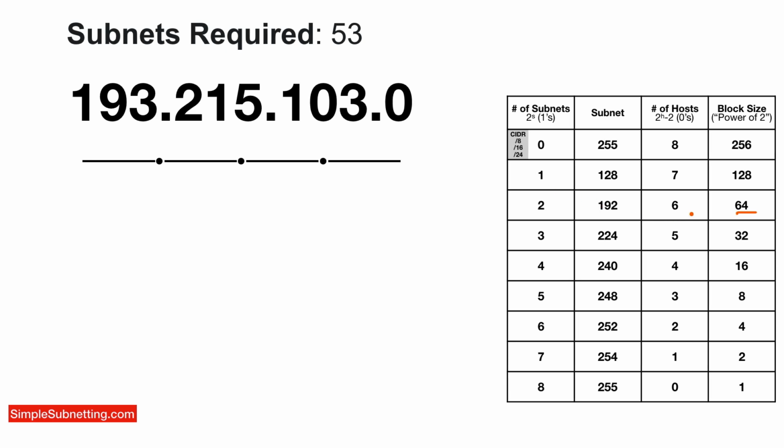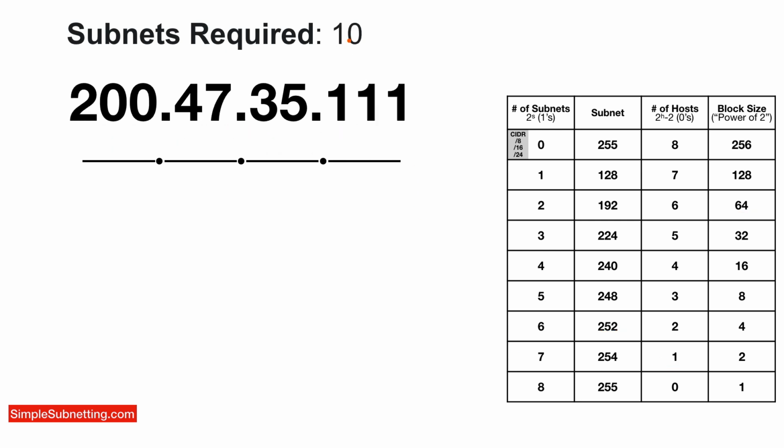So now we need to find the number of ones. What subnet mask has 6 ones in it? We know the ones reside in this column, so we go look for the number 6, and it's 252. So this subnet mask is 255, 255, 255, 252.